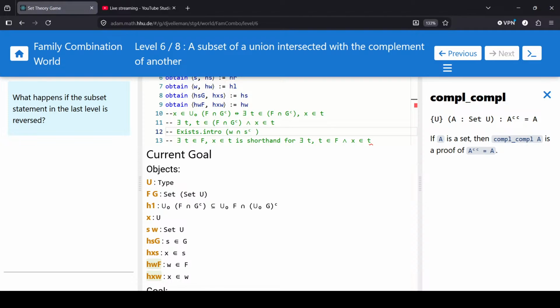Like this? Is that okay? I mean, I probably can, right? So I need to prove this.